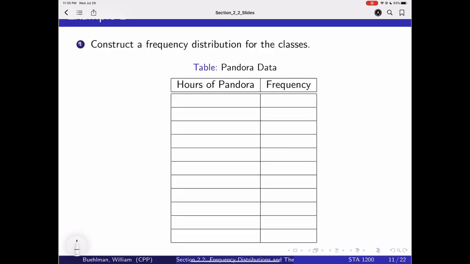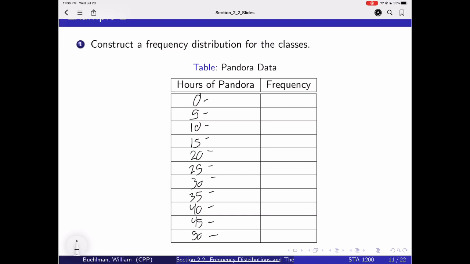Much more convenient. So now we have our class width, so we can construct a frequency distribution. We know the smallest value in the data set was 2, but that's not very convenient, so I'm just going to go ahead and start at 0. And remember, our class width is 5, so the next value is going to be 5, and 10, and 15, 20, 25, 30, 35, 40, 45, and 50, and we have to make sure nothing gets left out.